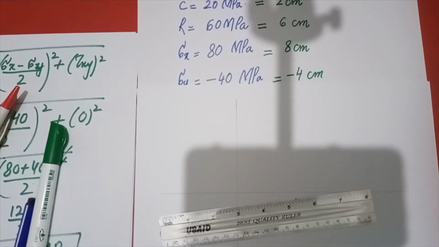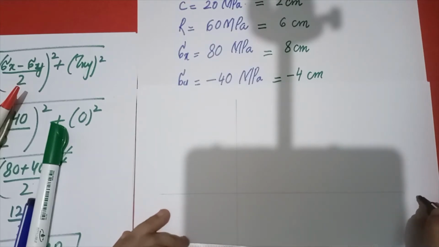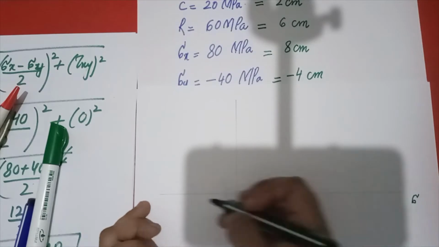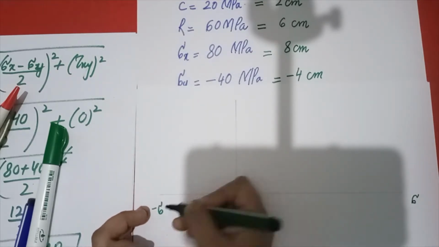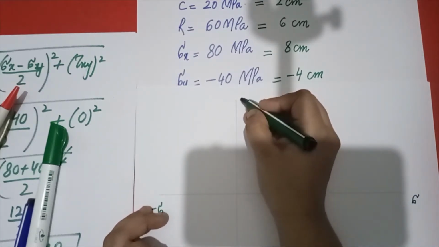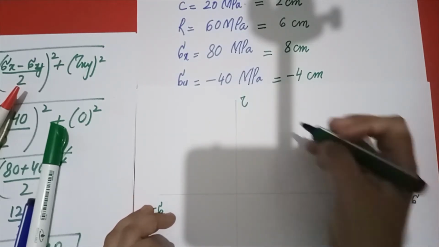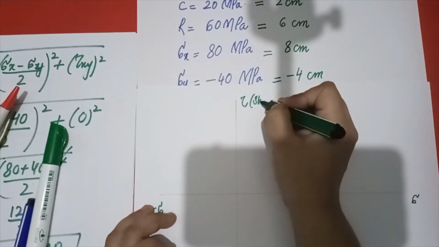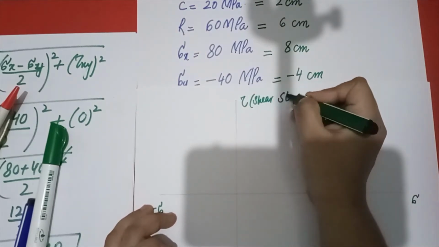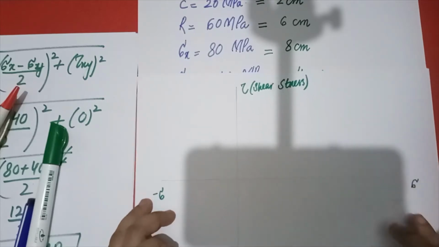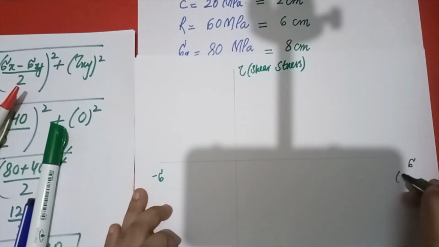So this is normal stress sigma. Is that visible to all of you? That is sigma. And this should be the negative sigma, as you do with the positive x-axis and negative x-axis. Tau is shear stress, and this is minus tau. So this is shear stress, and this one is your normal stress.